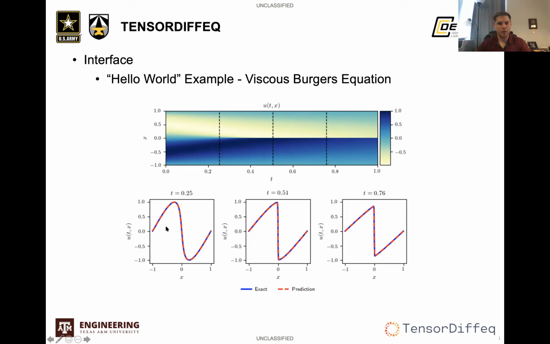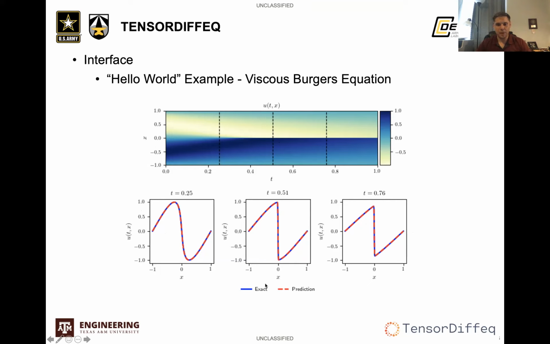You can see it starts off as a sinusoid wave, and then gradually becomes this shock wave where you have this nonlinearity in the middle here. That corresponds to this vertical line right here. These plots are basically snapshots, cross sections of the domain as the solution evolves.